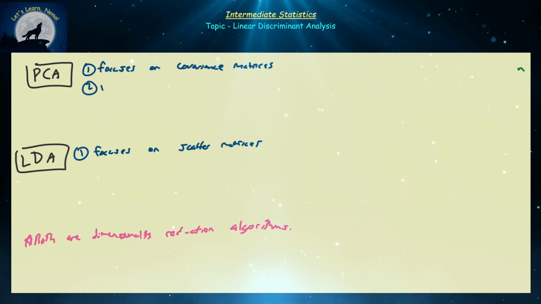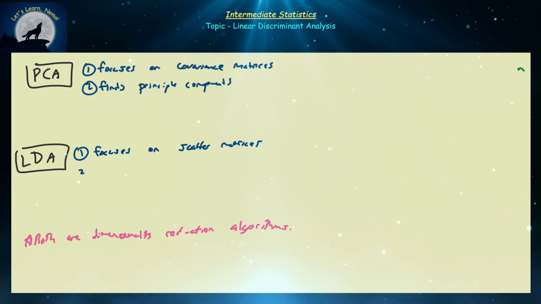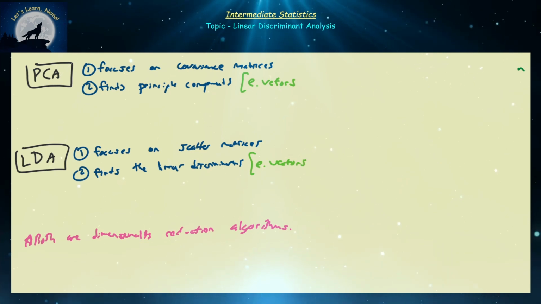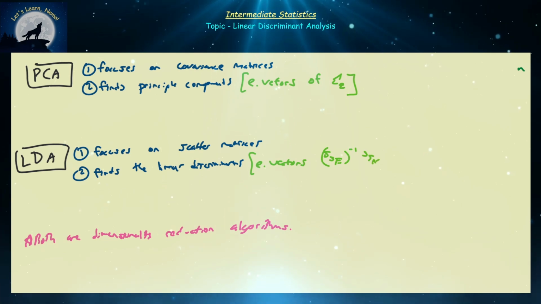PCA finds the principal components, and LDA focuses on finding the linear discriminants. Technically both are eigenvectors, but of different things: the eigenvectors of sigma z, the standardized data set, and the eigenvectors of SSE inverse, the scatter matrix, times SSM.